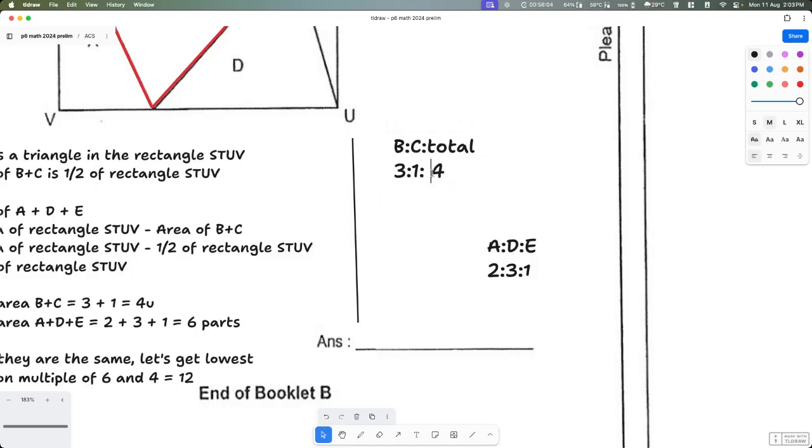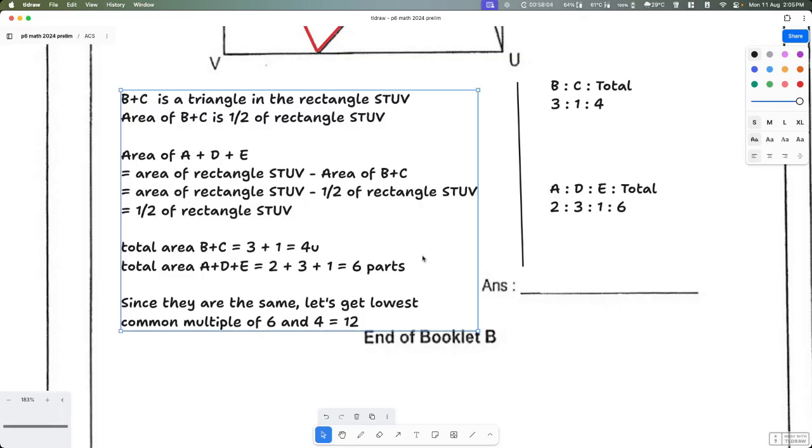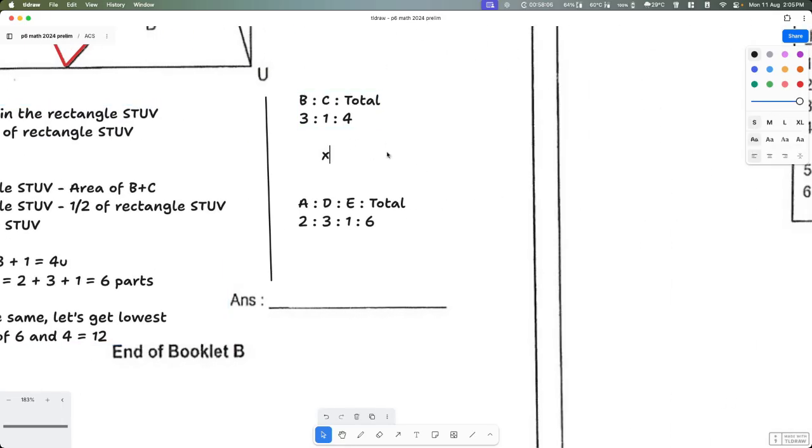Then for A, D, E, it's 2, 3, 1. So we want to get the total to be 12. What this means is we need to multiply this by 3, just multiply everything by 3.